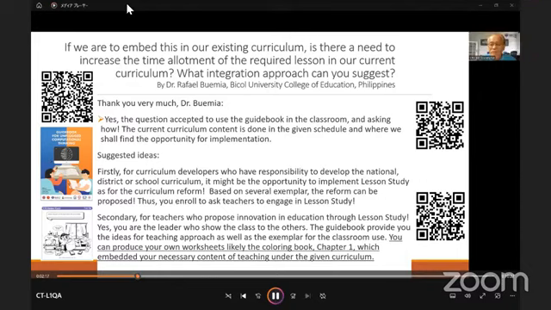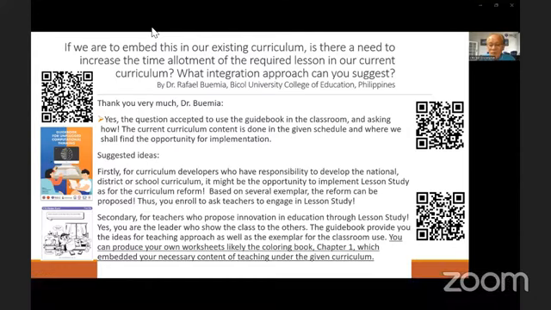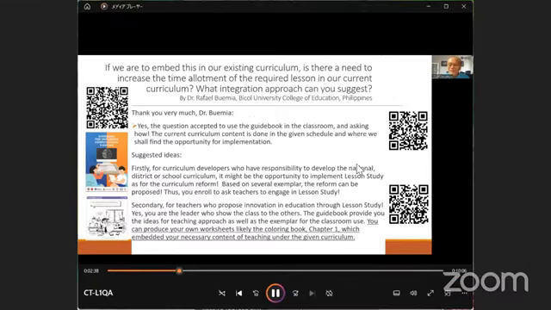Based on several exemplars, the reform can be proposed. Then curriculum developers can ask teachers to engage in lesson study, right? That is the first case.